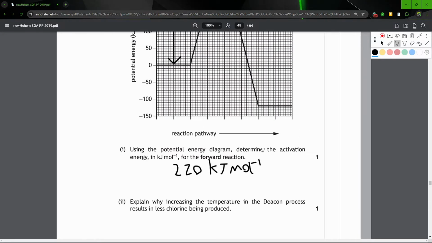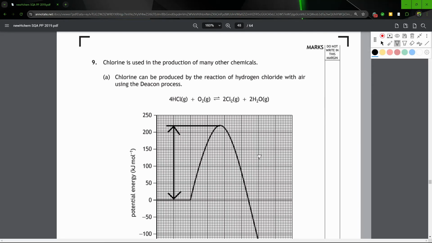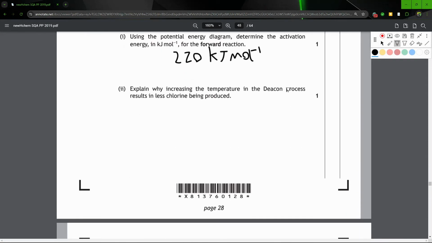So that means that since it's exothermic, if we increase the temperature, the system will compensate for that by going the endothermic way to reduce the temperature back to normal levels.